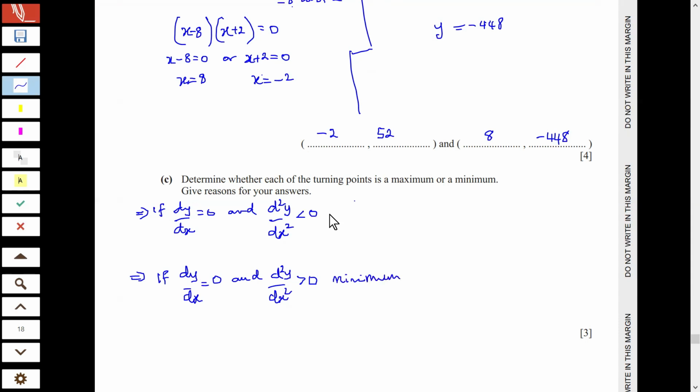And in the case of the first scenario, it's going to be a maximum.